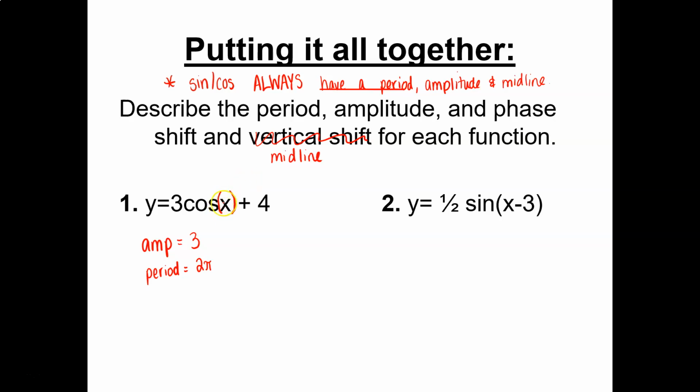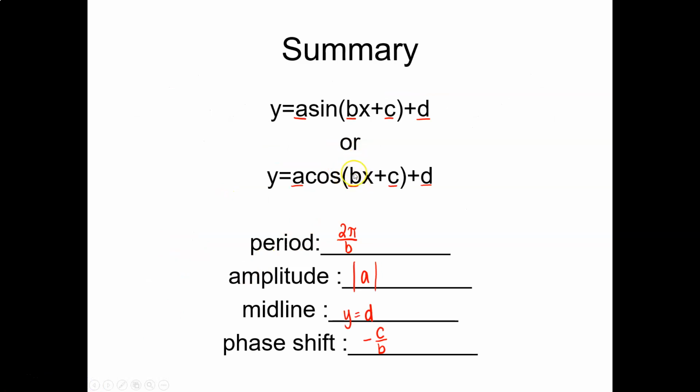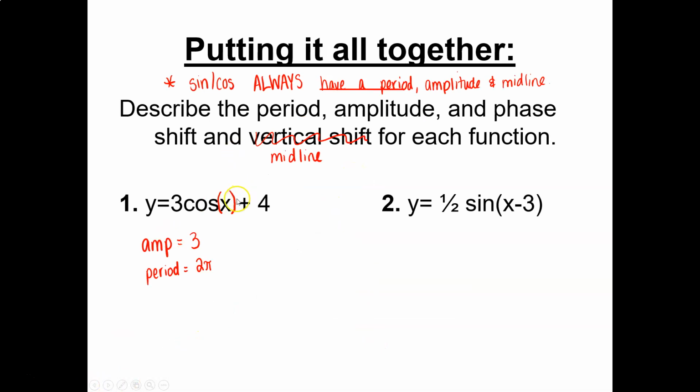The number we're looking for in the period is the number right in front of our x inside of the parentheses. There's not one, so it's a 1. So it's 2 pi over 1, which is just 2 pi, right? So there is no change to your period here, but you still have a period. It is 2 pi. Does that make sense?